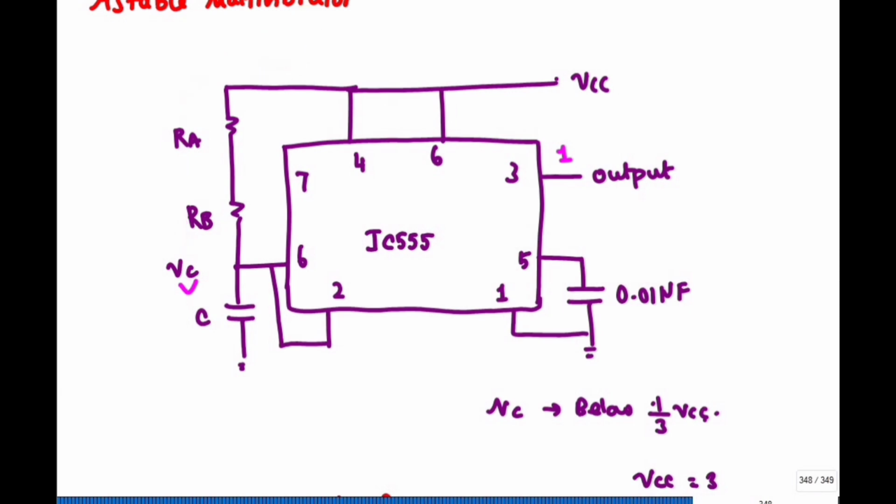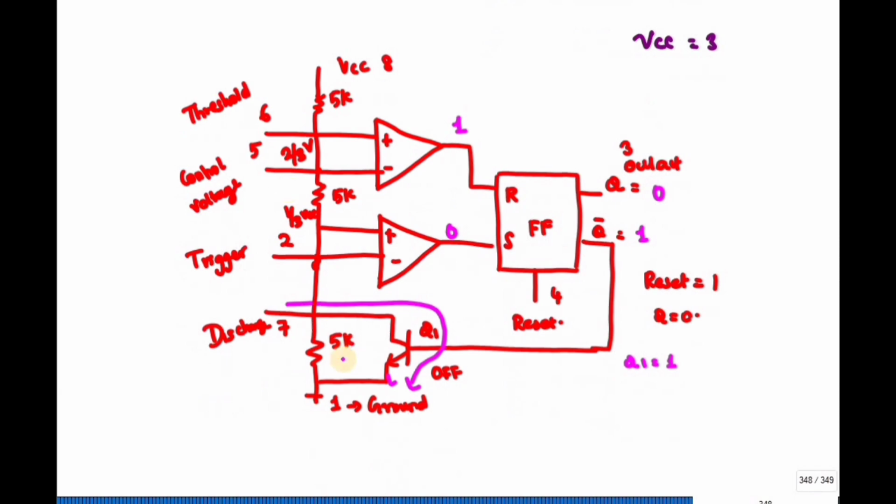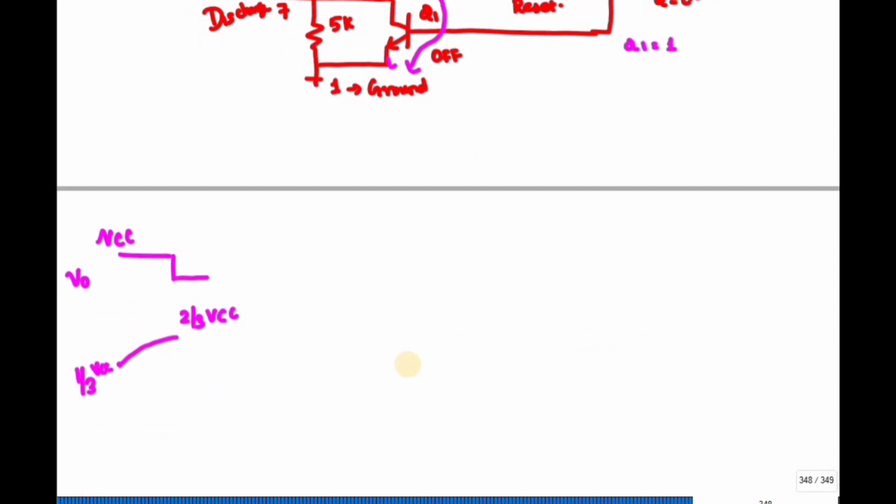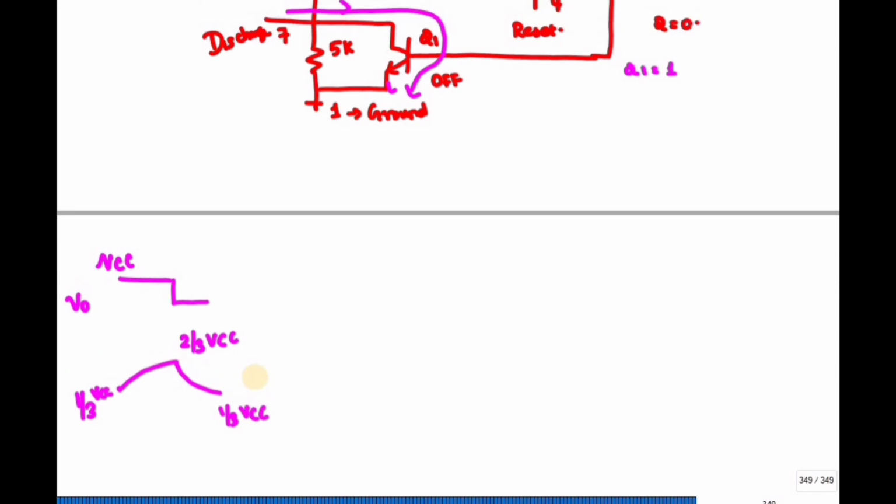The capacitance starts to discharge through this path. Whenever it goes below 1/3 VCC, the output will again go to VCC.